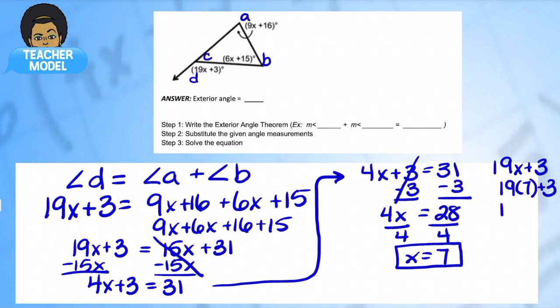And that will give me 133 plus 3. And so this angle is equal to 136. That is the value of my exterior angle. So we're going to hit pause there just so we can jot this down into your notes.